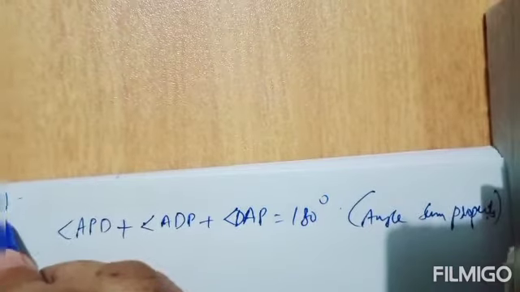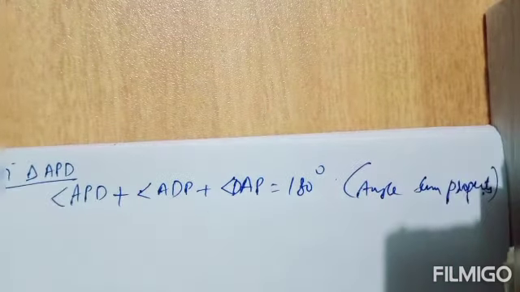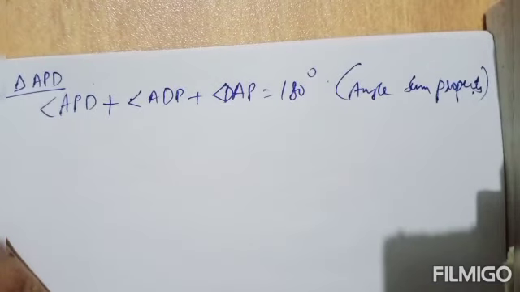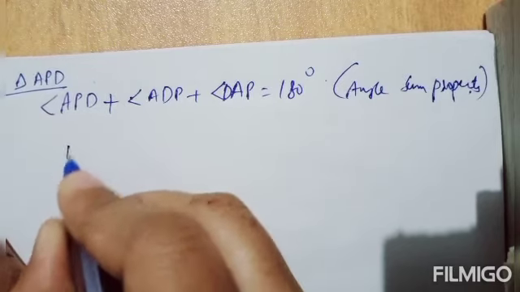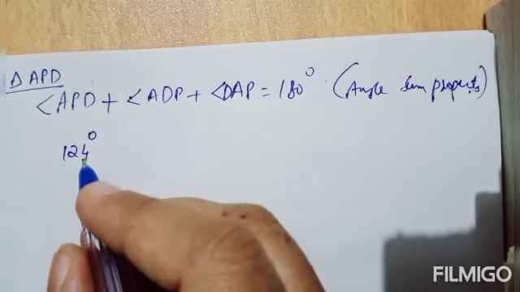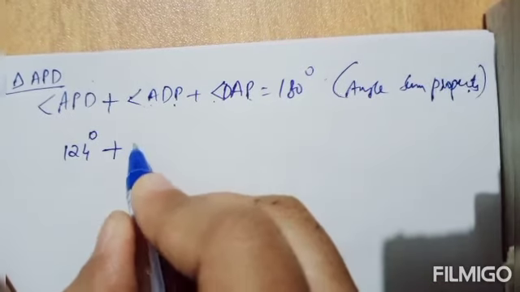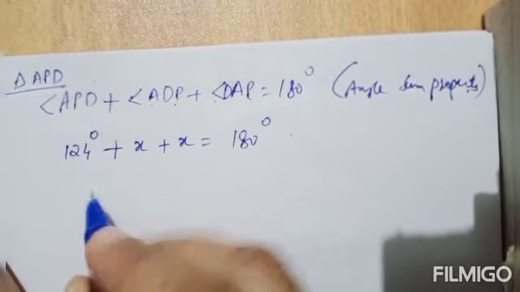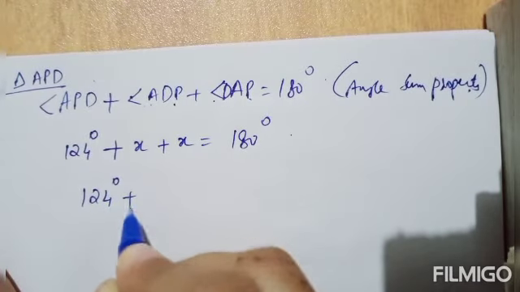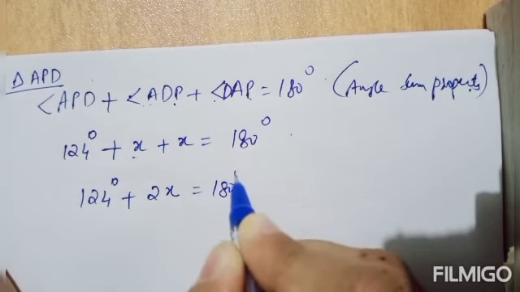Angle APD we got as 124 degrees, plus angle ADP and DAP, which are x. So 124 degrees plus x plus x, that is 2x, equal to 180 degrees.